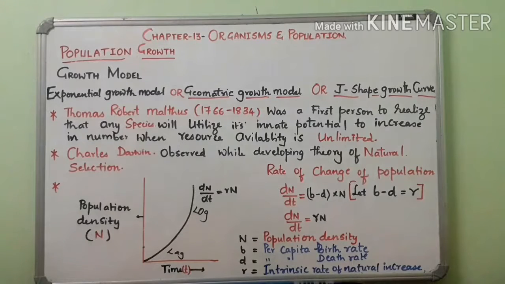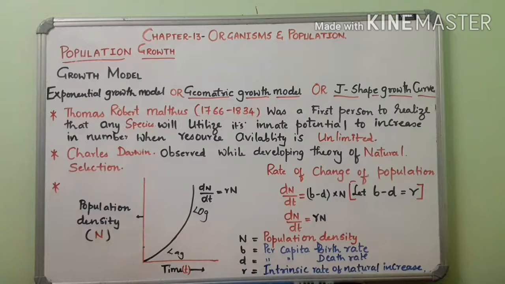Charles Darwin was very impressed by the research work of Thomas Robert Malthus, and in his theory of natural selection he was greatly influenced, because he felt the idea was very true.